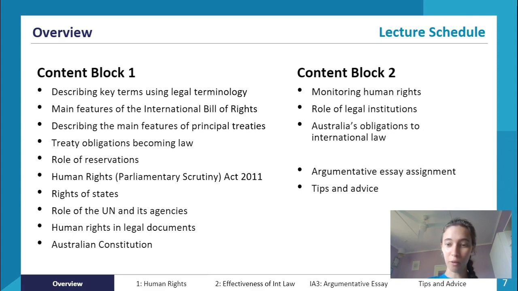There are a few things there from topic 2. We're going to finish off today by looking at your argumentative essay assignment that you'll have to do for this unit, and some tips and advice. With that assignment, I do have some examples to show you what that kind of essay looks like, so hopefully that will be helpful.